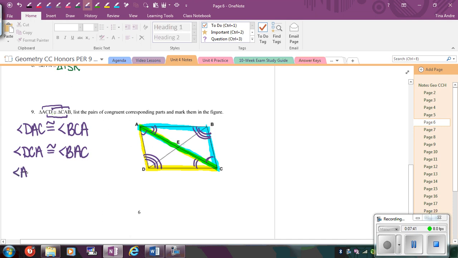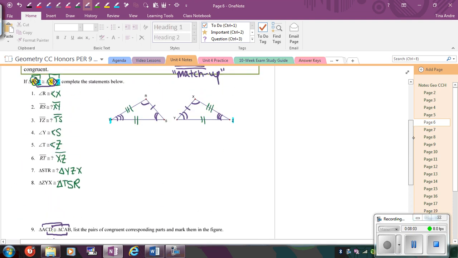So ADC is congruent to angle CBA. If you're ever unsure, you should just use three letters. But the rule really is, if there's more than one angle sharing that same vertex, you can't name the angle just by the vertex. You have to use three letters.